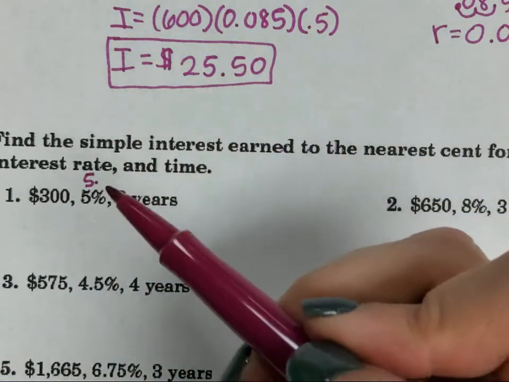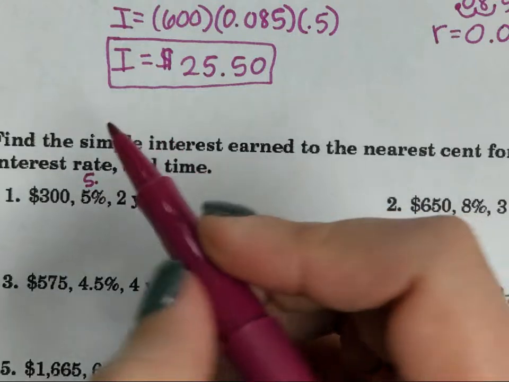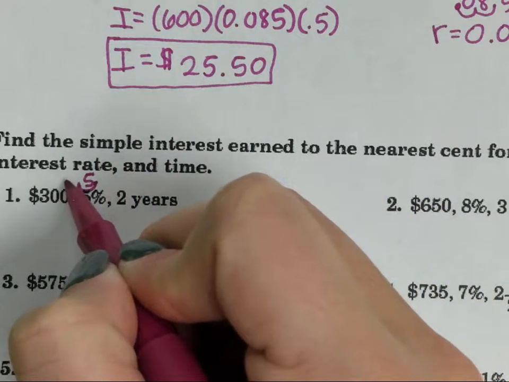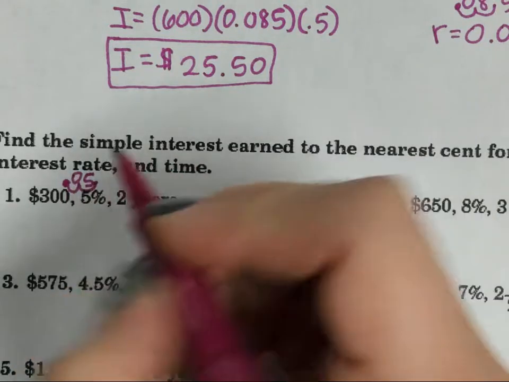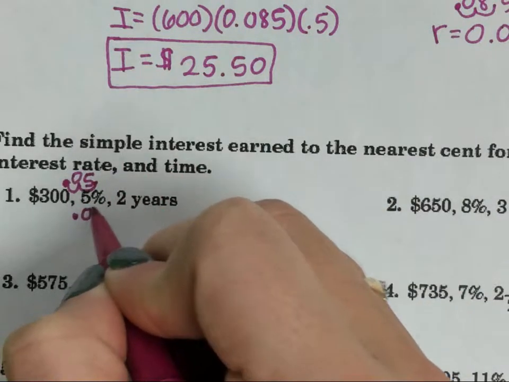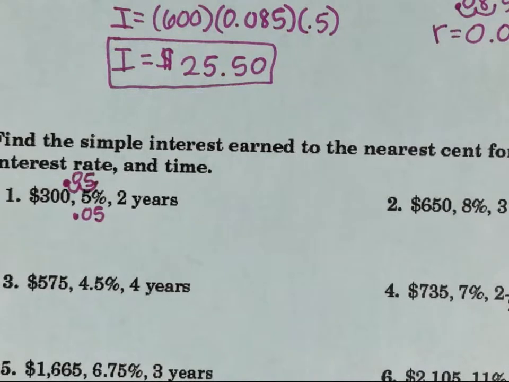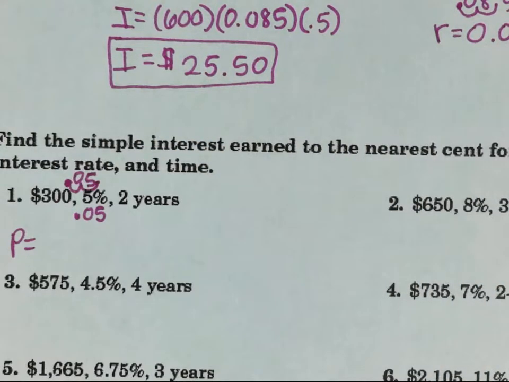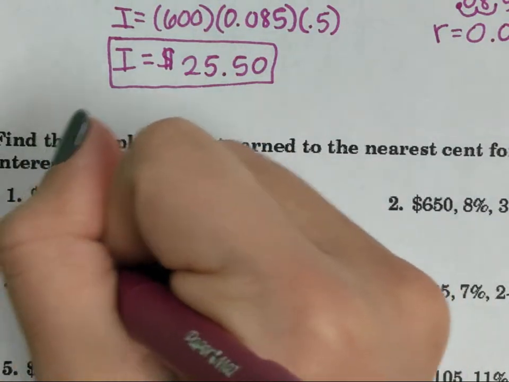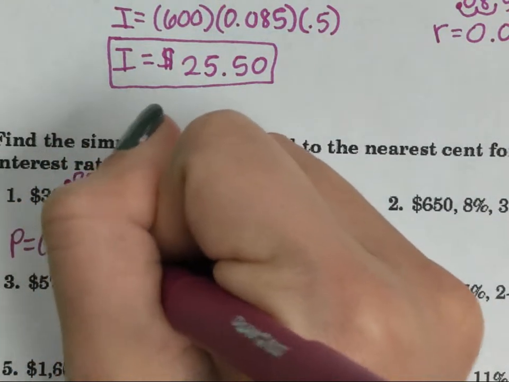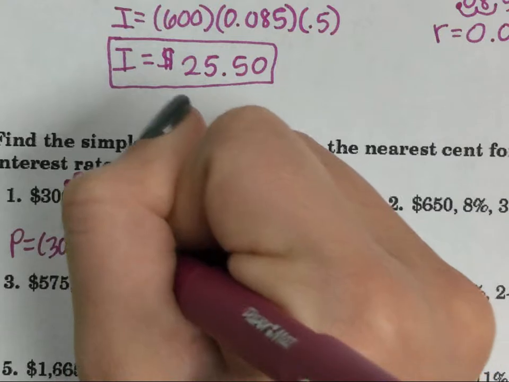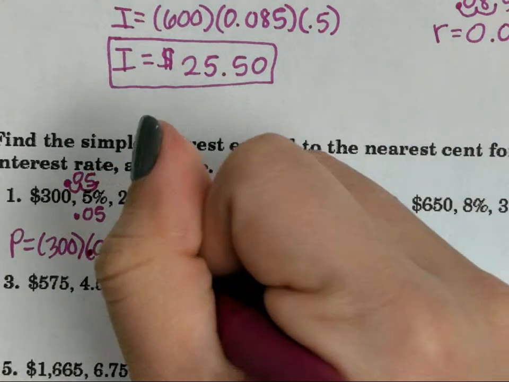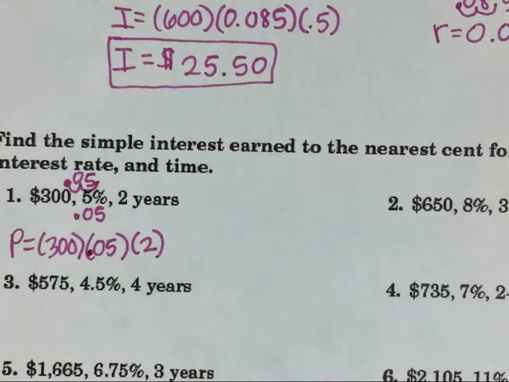So if I'm looking at the number 5, my decimal point comes right after it, right? So if I move that decimal point 2 places to the left, it becomes 0.05. So now I is going to be 300 times 0.05, times 2.